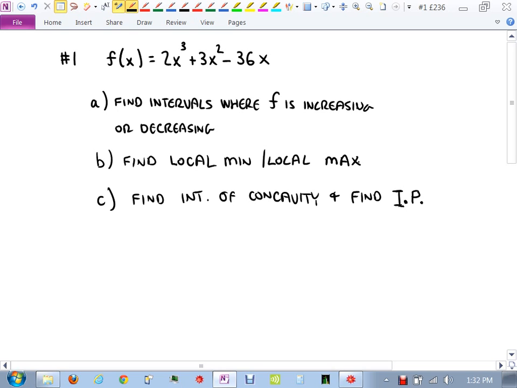What's the difference between what's happening here and what was happening in 4.1? We have a second derivative here, yes? There's something else, a little more subtle. It's local, not absolute, right?